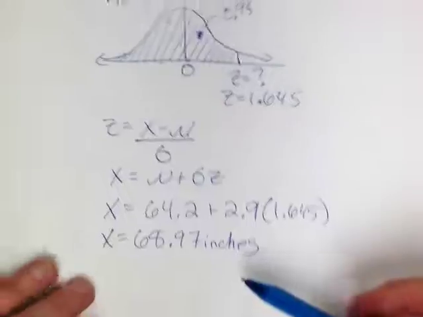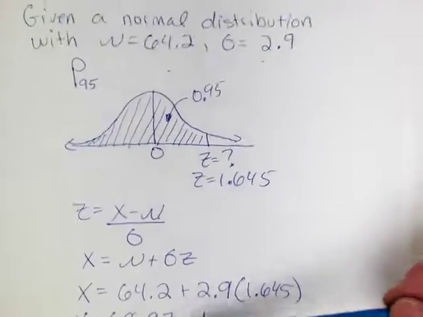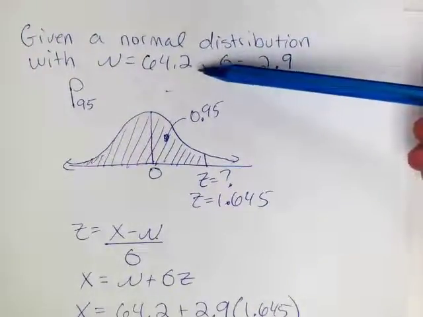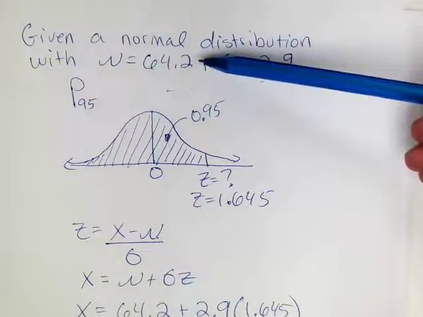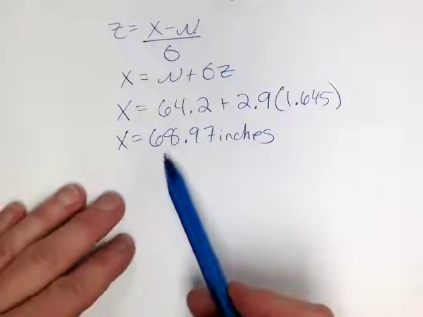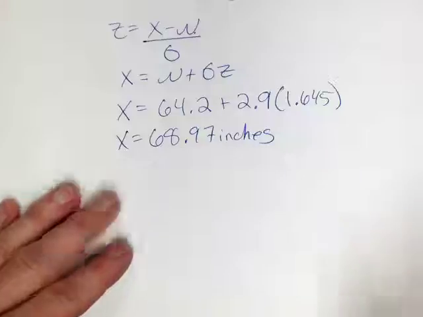Now hopefully that makes sense. We're looking for a height that's the 95th percentile. The mean is given to be 64.2, so we certainly expect a height that corresponds to the 95th percentile to be larger than that. So this answer makes sense with respect to the problem.